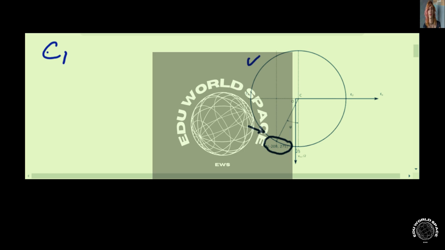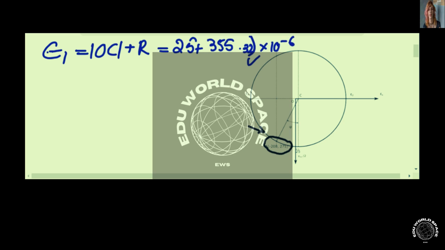Now the principal strain is equal to the origin, right, plus the radius, that is equal to 25 plus 355.32 into 10 raised to power negative 6, right?